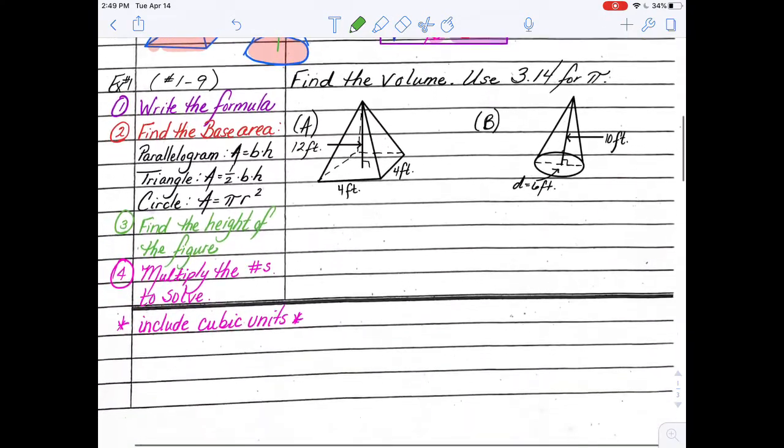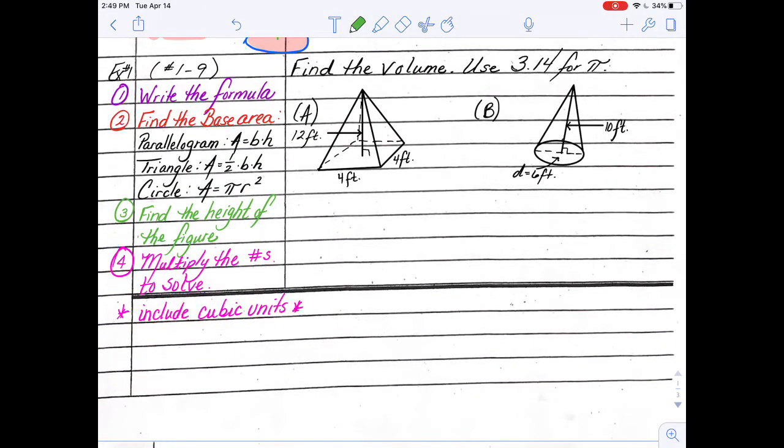So if I'm asking you to find the volume, I'm telling you some steps to show your work. Write the formula: the volume is 1/3 the base area times the height. Now if you look at this shape, you can see our base is a square.